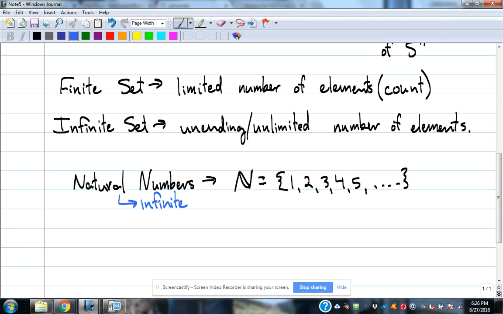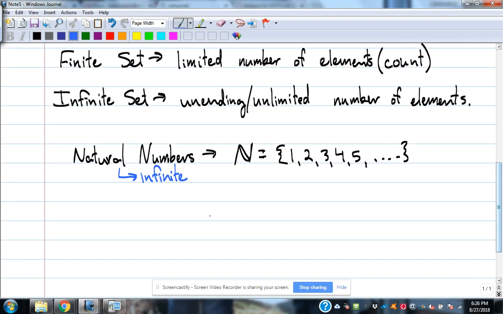Now another type of set we could be looking at might be this set: 1, 1/2, 1/4, 1/8. What's the pattern going on here?